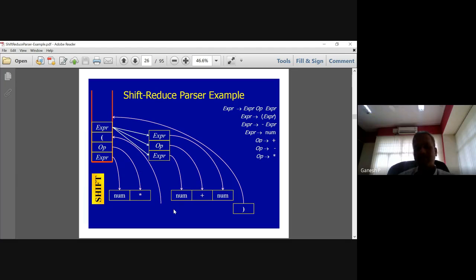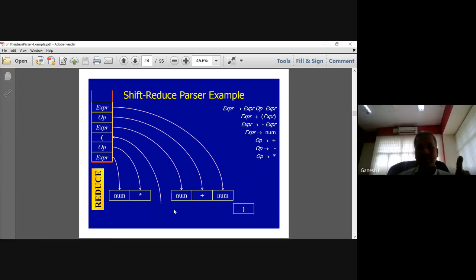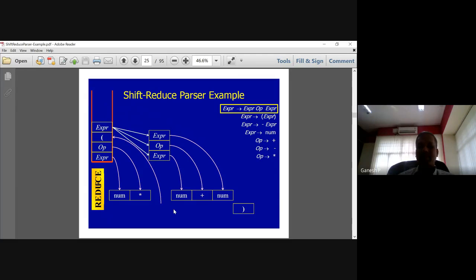Since we have num plus num, which is EXPR operation EXPR, it will be further converted. If you look at the previous diagram, we have EXPR, OP, EXPR, so that will be reduced completely into a single EXPR. That's what we have seen here.